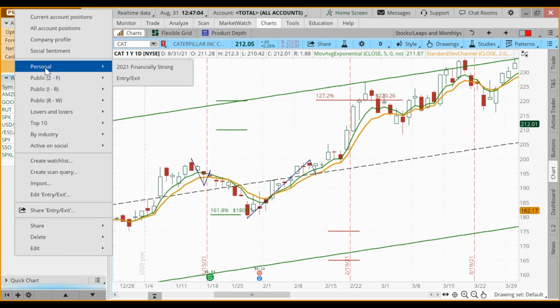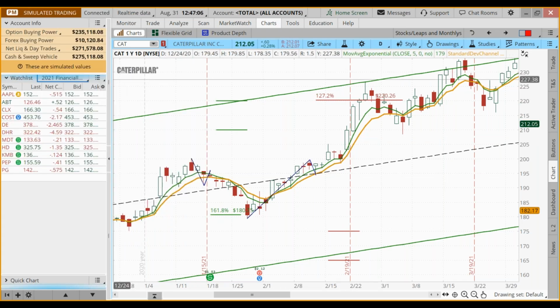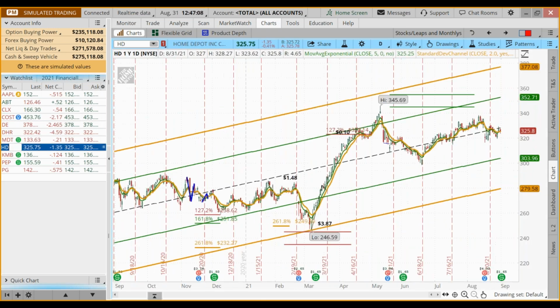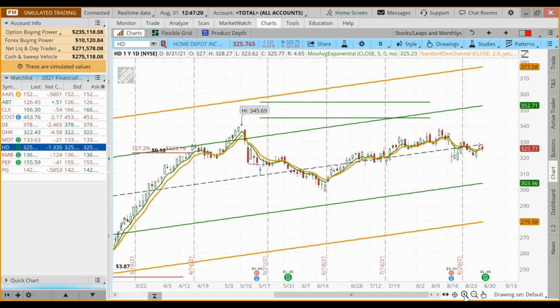A lot of you were with me and went through the anxiety of our Home Depot trade back here. Let me blow this up a little bit so you can see a little better.